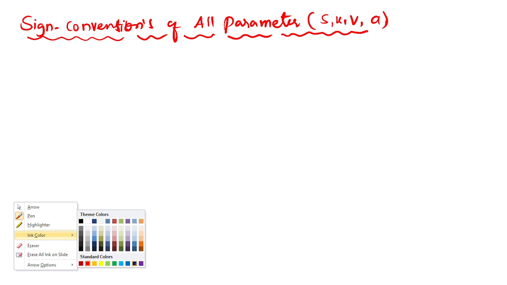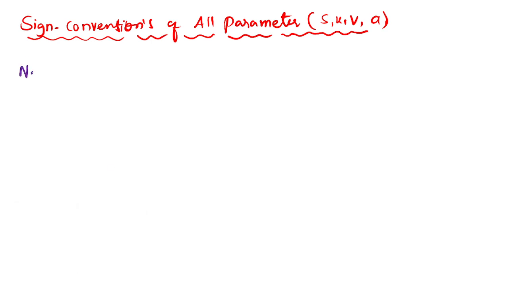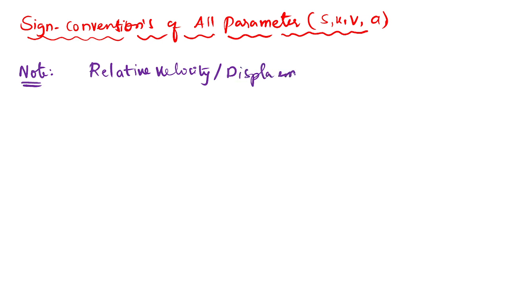But before that, I'll tell you certain things. The relative velocity concept we will try to use. So one note I would want to mention, and after that I'll tell you all the sign conventions, because at a time same quantities can be there. How to take the relations between them? For example, relative velocity, or you can say displacement, or else acceleration.